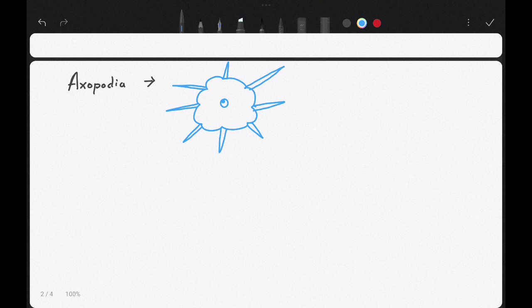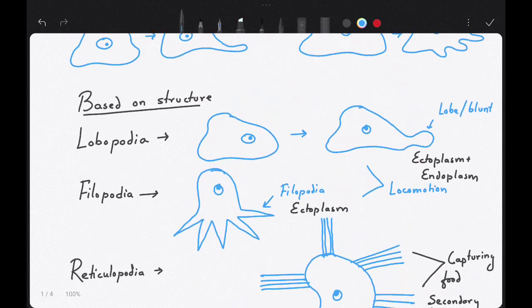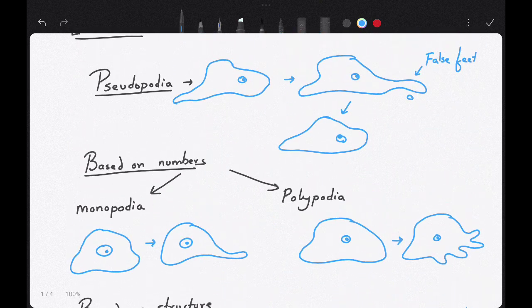Then the second type of locomotion in protozoa, now pseudopodia is clear. Then the second type is called myonemes. So this is type 1, pseudopodia.